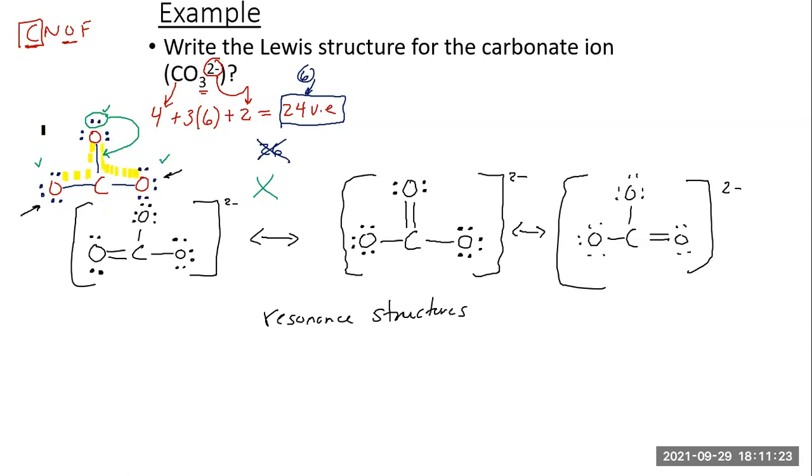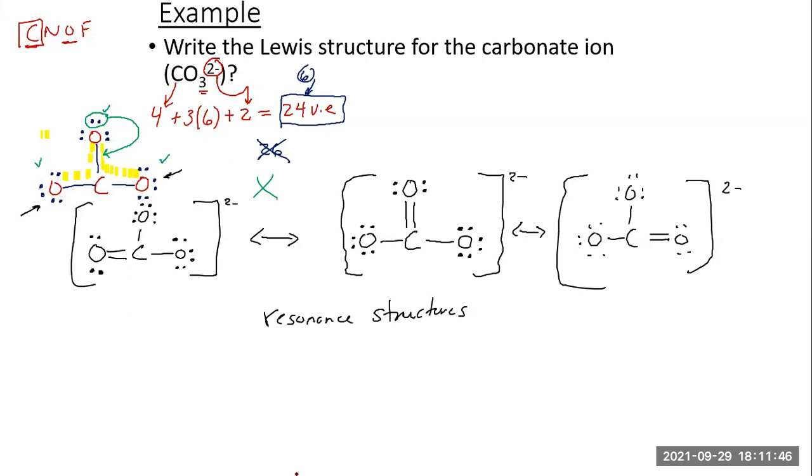Whenever you have an option like this, where you need to draw a double bond and have more than one option for where to put it, you could draw another structure which is just as good, and it is referred to as a resonance structure. Do you have to draw all the resonance structures every time in a situation like this?